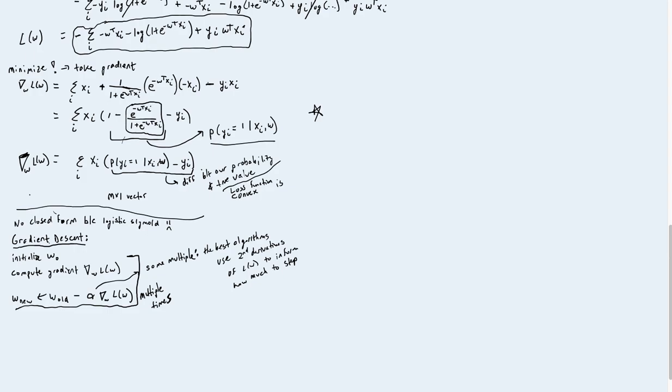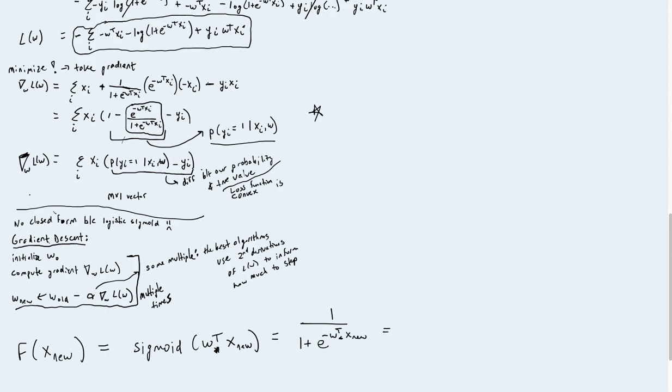All right, and the last thing to say is that if we have a new data point, and this has already been said, but just to be clear, we take the sigmoid of the w that we get out of the gradient descent algorithm. We squash w transpose x new, and that is, again, equal to w star transpose x new.